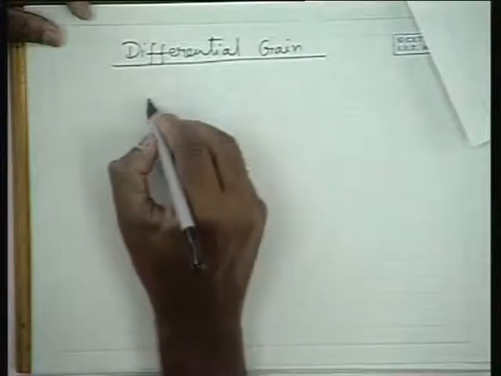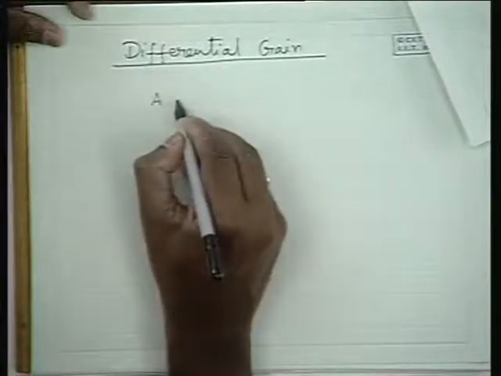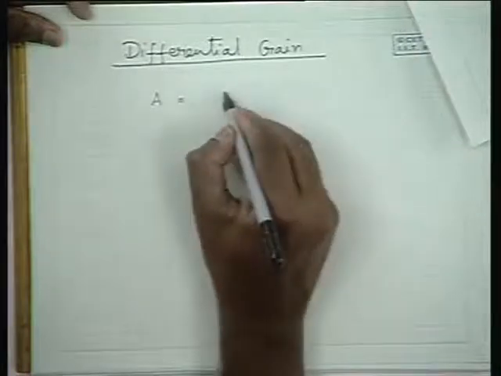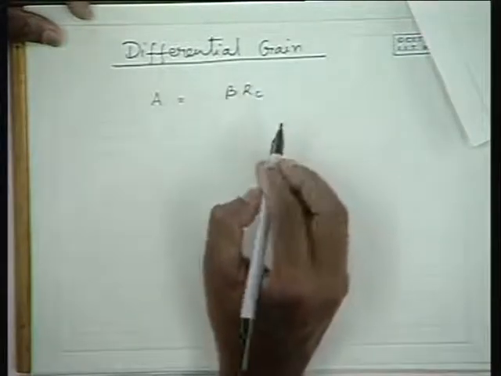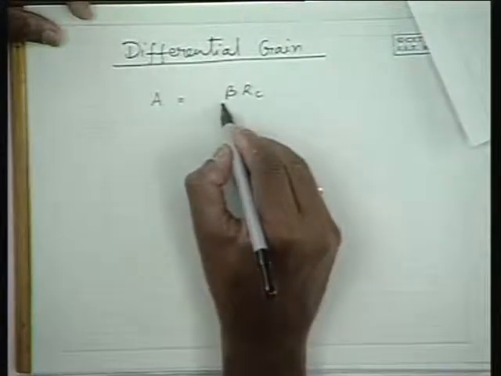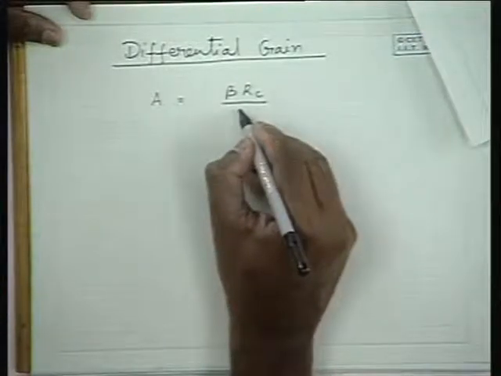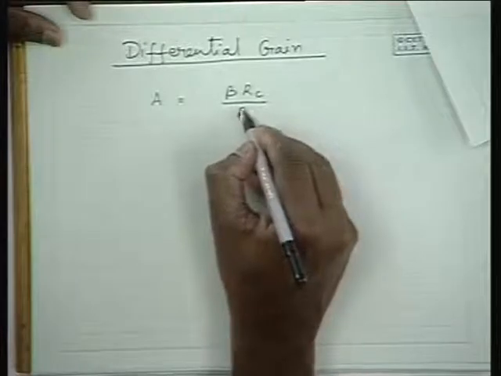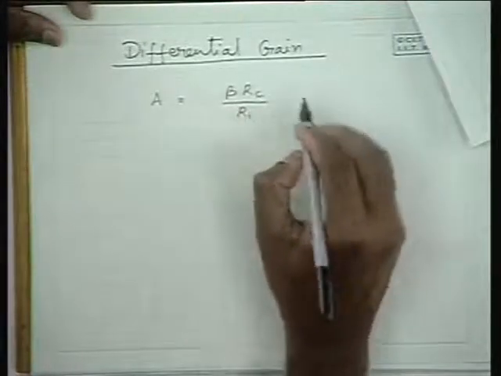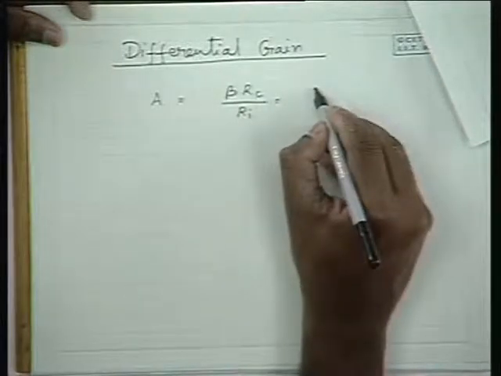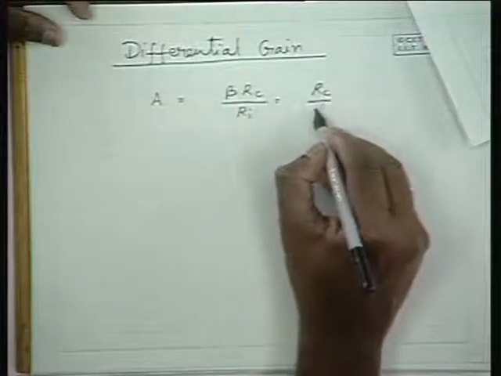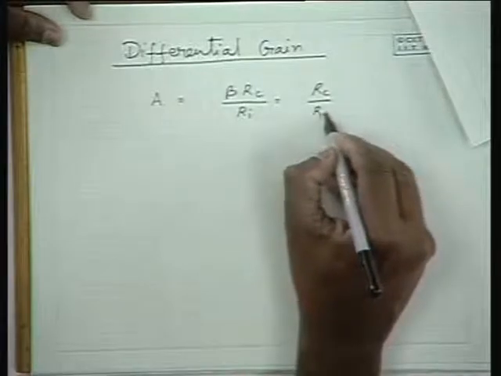So, the voltage gain we get for the right hand circuit is equal to naturally beta R C by R E, that is beta times R C divided by the input resistance, and that is equal to R C by small r e.